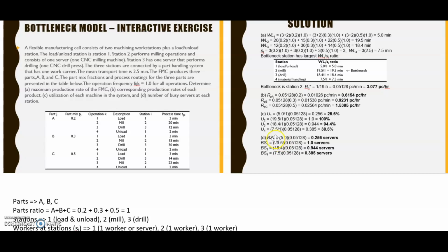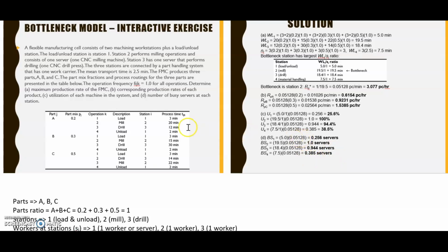Continue using the same formula for stations 2, 3 and 4. Station 2 is 1.0 server, station 3 is 0.944 servers, and station 4 is 0.385 servers.